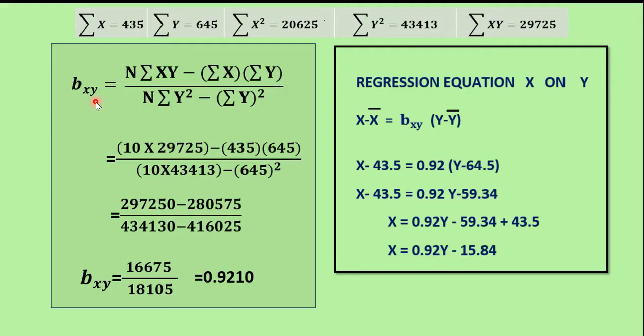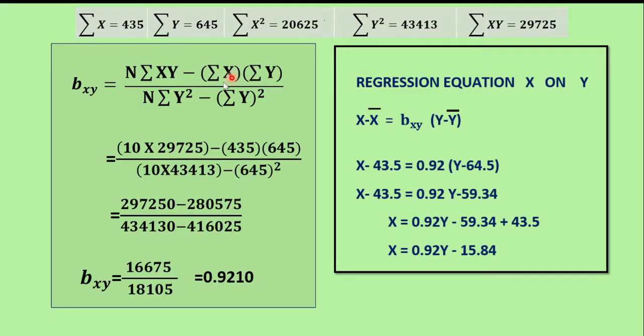b of xy is equal to n summation xy minus summation x into summation y, divided by n summation y square minus summation y the whole square. So looking at the formula, you can easily find out what you have to tabulate.